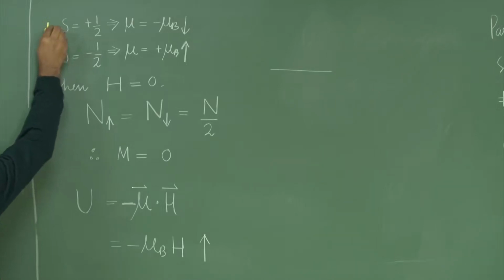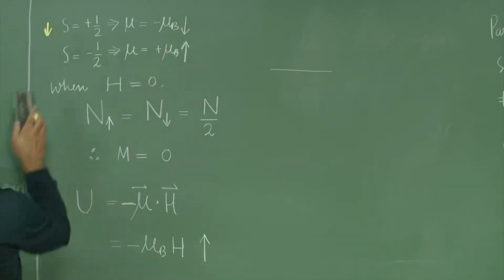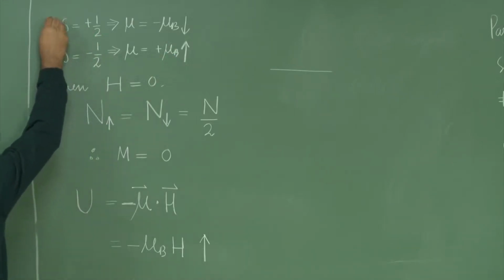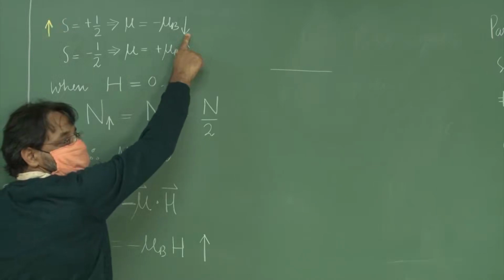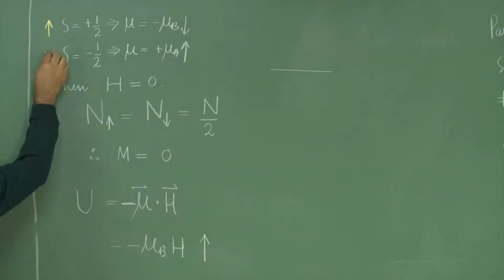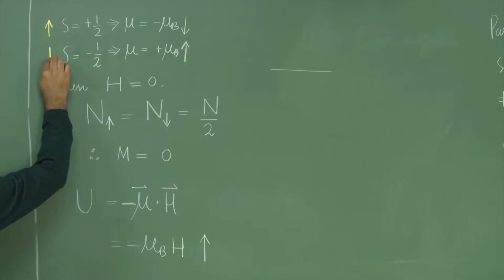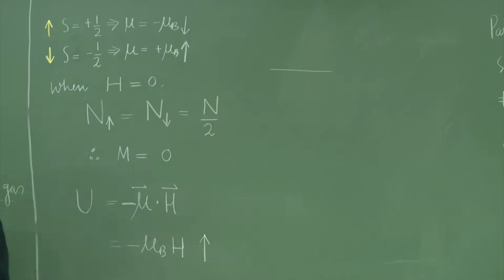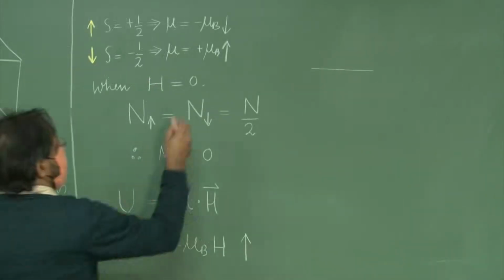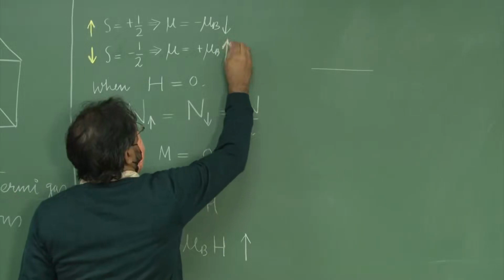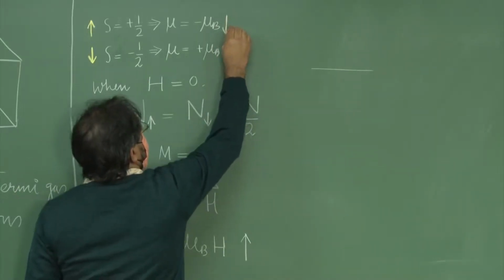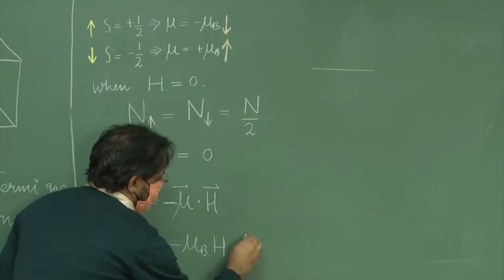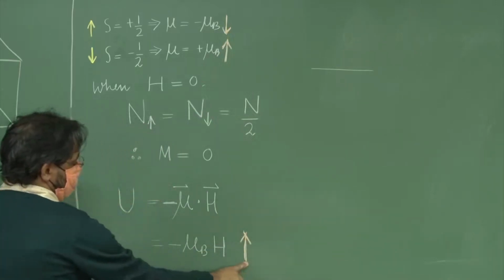So when the spin is pointing up, plus 1/2, the magnetic moment on the electron is pointing down. When the spin is pointing down, the magnetic moment is pointing up. Okay.